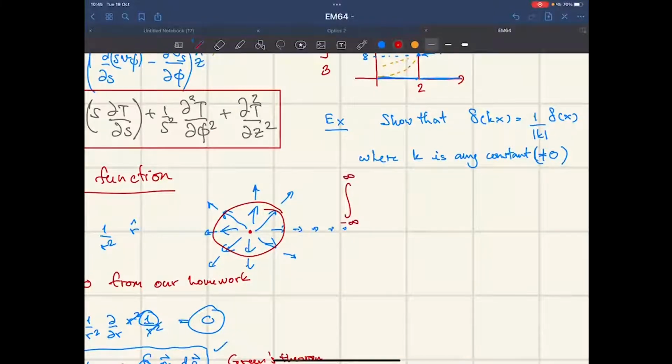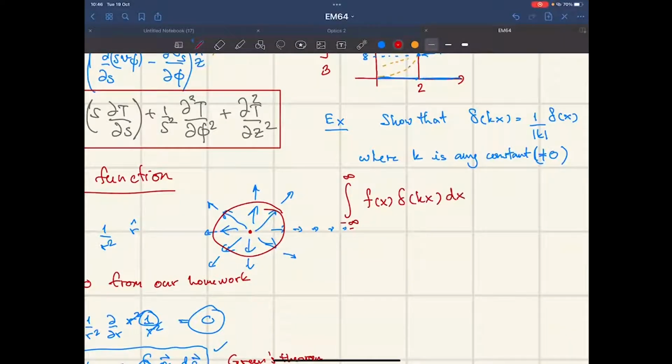If you do the integration from minus infinity to infinity, it of course covers our Dirac Delta function, because the Dirac Delta function must be somewhere in the space. Let me put f(x) here. This is our test function. We multiply it by the Dirac Delta function, and we do this.